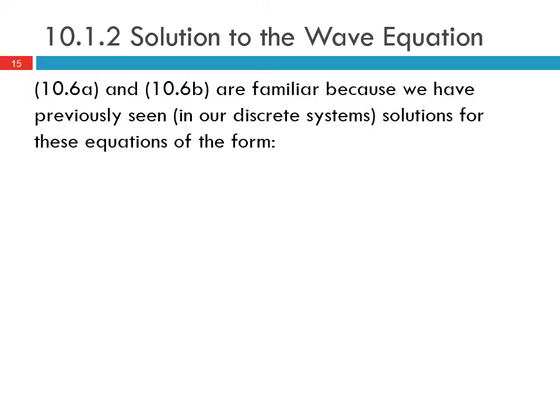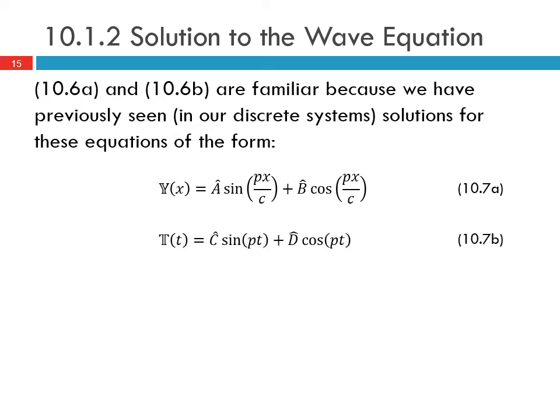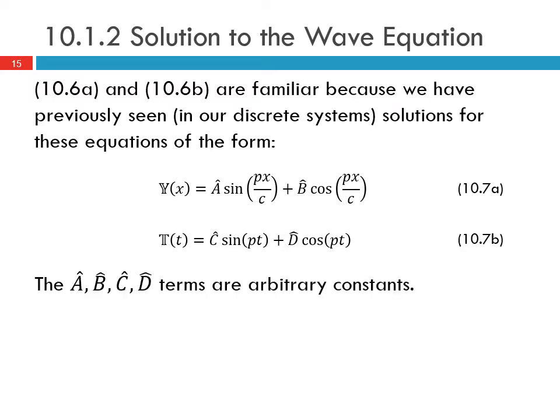Because of that, we know that the solutions for these equations have the form, for example, y of x is equal to a hat sine px over c plus b hat cos px over c, and t is equal to c hat sine pt plus d hat cos pt, where a hat, b hat, c hat, d hat are arbitrary constants.